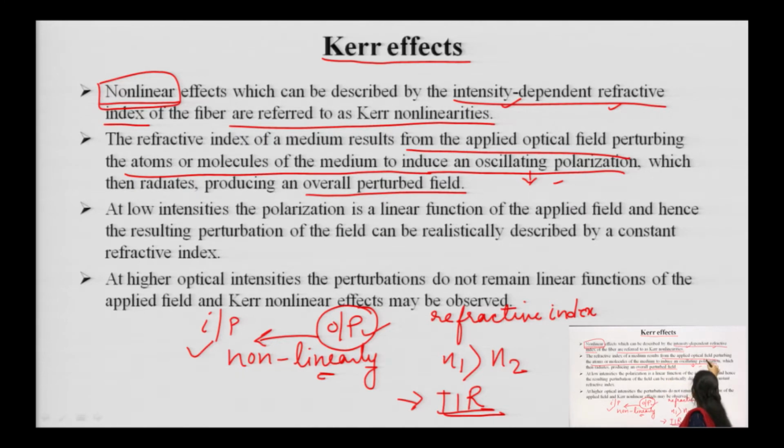due to the applied optical field, a new field is created. As discussed in the first line, the refractive index of the fiber changes as per the intensity of light. At low intensity, the polarization is a linear function of the applied field.